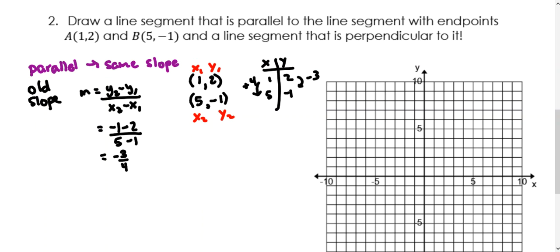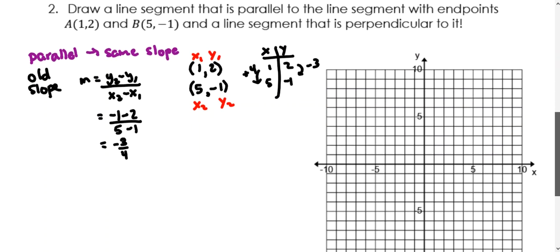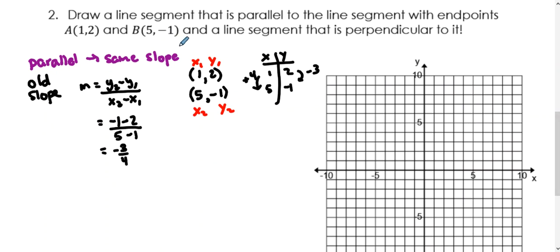That's okay. All right, so there's my old slope. So we want a line that's parallel to that line. Well, it's got to have the same slope. So any line that is parallel to it just has the same slope.